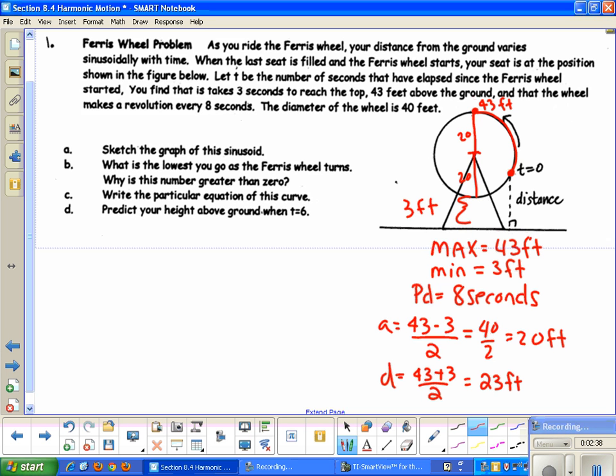So let's go ahead and start to draw our graph. Our lowest point is 3. Then the next point is our vertical shift, which is 23 feet. And then our next point is our highest point on our graph, which is 43. I always like to draw in my new x-axis.